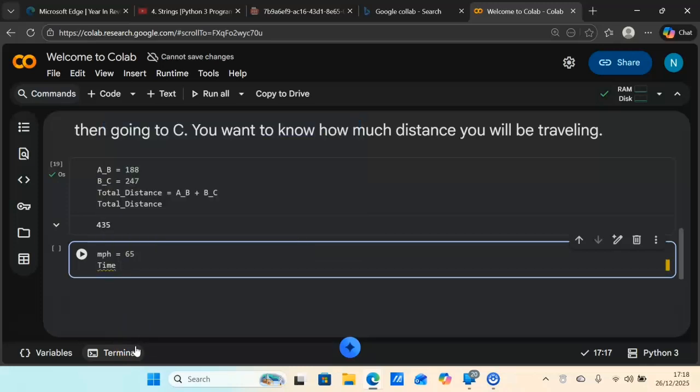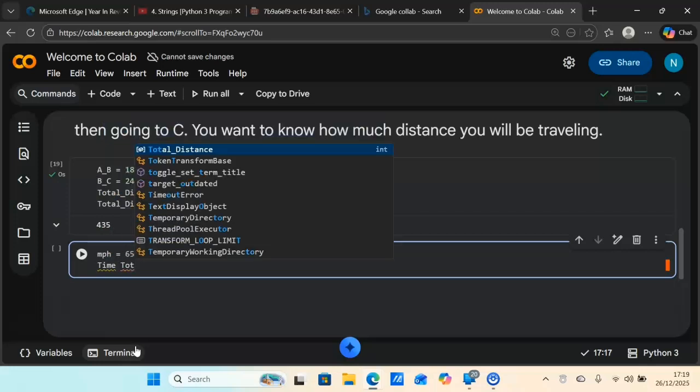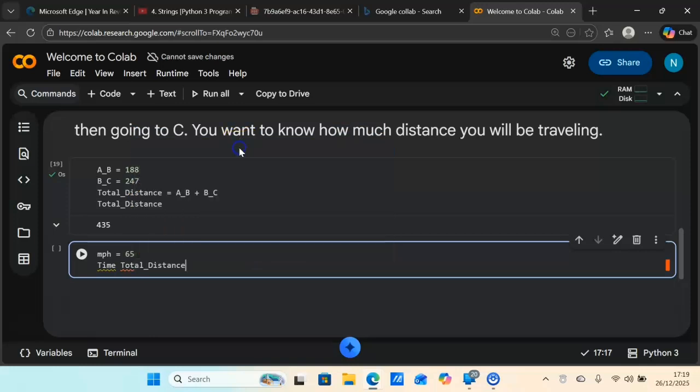The formula to calculate time actually is distance over speed. So we're going to say total distance, then we divide it by speed. I didn't put an equal sign here, that's why we're having that error.